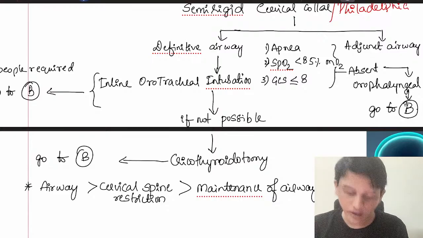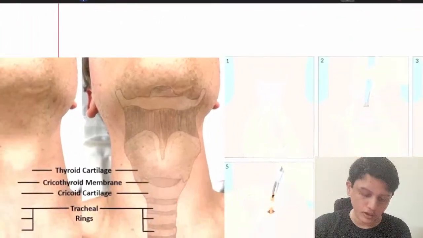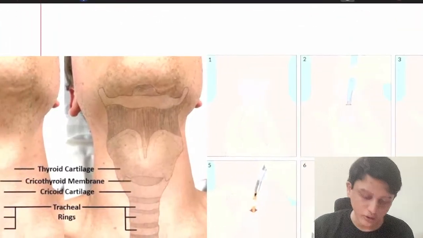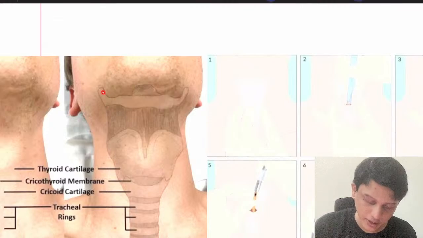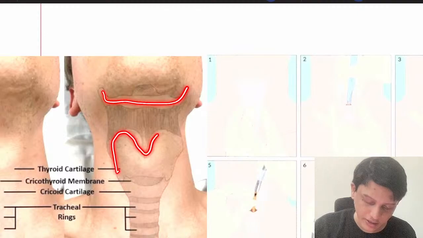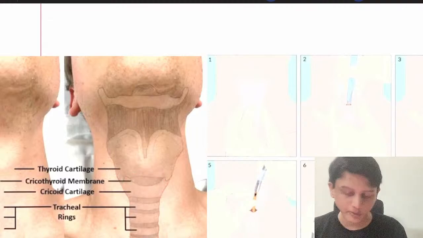Cricothyroidotomy means you do it at the cricothyroid membrane. In the neck there is the hyoid bone, then the thyroid cartilage, and below that the cricoid cartilage. In between the thyroid and cricoid there is the cricothyroid membrane.